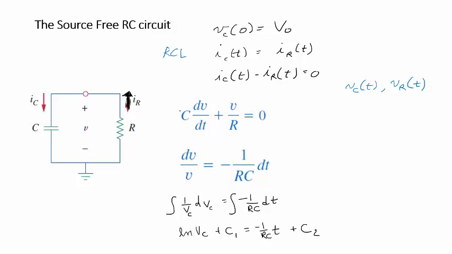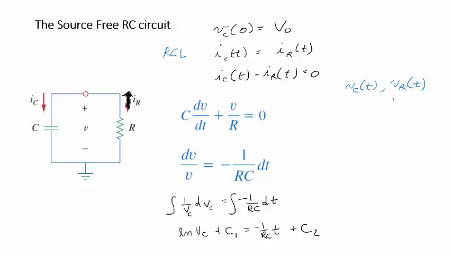So then the next step is you apply the relationships. We know that I in the resistor is V divided by R, and that I in the capacitor is C dV/dt. This is related to the voltage in the capacitor, but this is related to the voltage in the resistor.